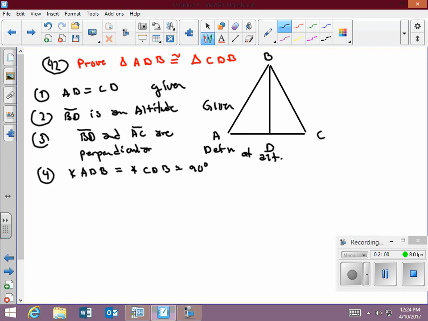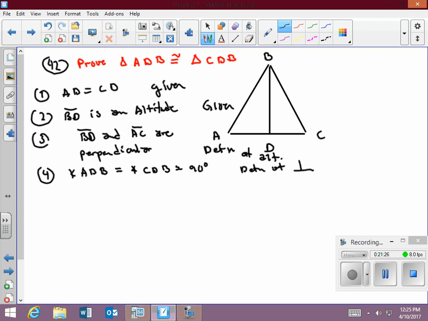And that's the definition of perpendicular. There's your proof.